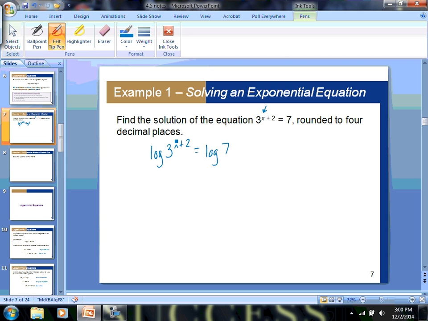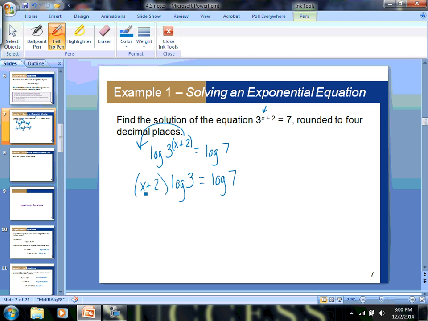But now the tricky thing is this x plus 2, you have to kind of think of it as one big term here in our exponent. So when I drop that down in front, I'm going to write it in parentheses for now, but that's just to help me visually remember that they go together as one term.